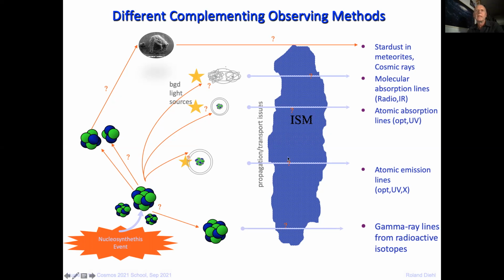For hot stars you can also have emission lines from the material in the upper atmosphere of those stars, so you can see those optical and UV emission lines as well. And finally, there are gamma rays, which are not from atomic transitions but from nuclear transitions in ejecta, and we try to observe these as well.